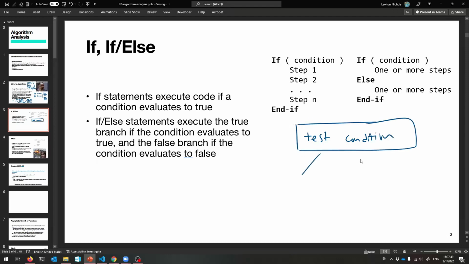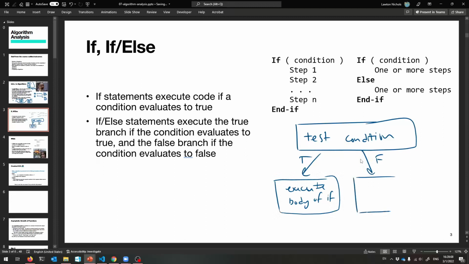And then if it's true, we're going to execute the body of the if case, the if statement. Right? And then if it's false, we're going to execute the body of the else case, if we're talking about this one, for example.